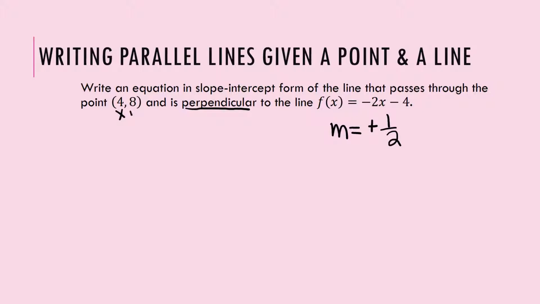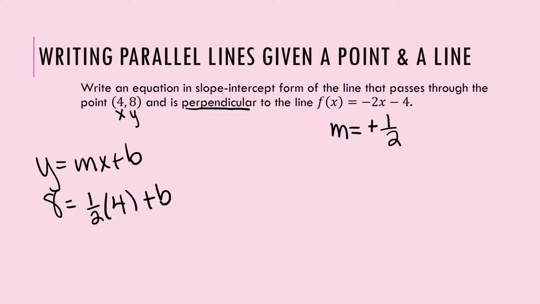And they already gave me an x and a y value. So I'm going to use slope-intercept form, y equals mx plus b, where y is my 8, m is my 1/2, x is my 4, and I need to solve for b because they didn't give me that. I need to find it, okay? So 8 is equal to 1/2 times 4 is 2, plus b.